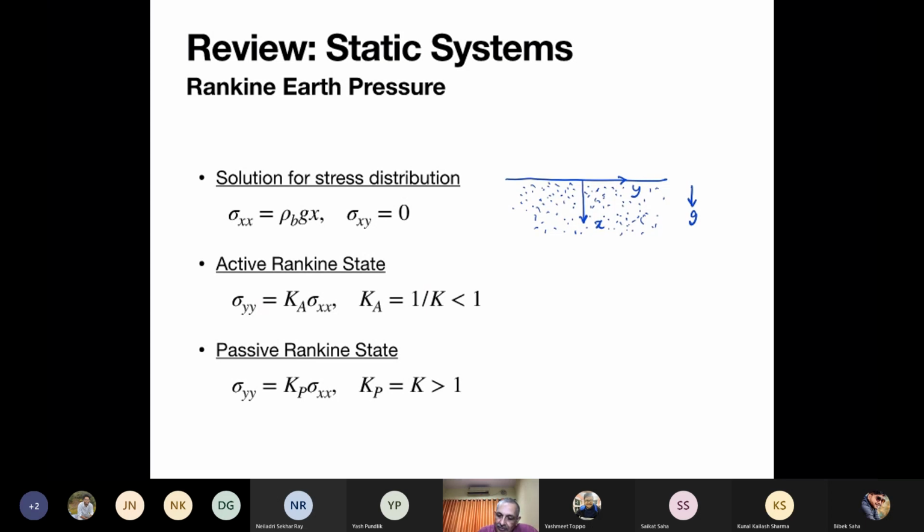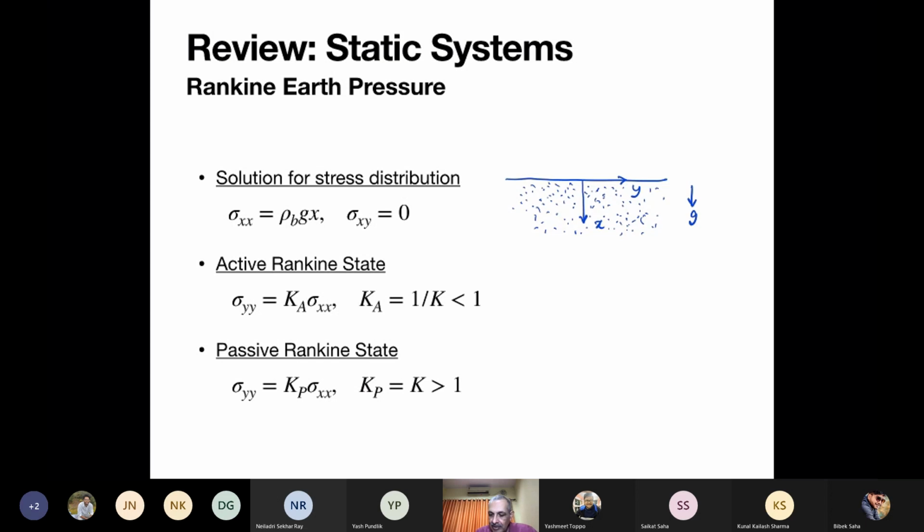And you can have a passive Rankine state in which the system is passive and the surroundings are applying force onto the system. In that case, sigma yy is greater than sigma xx, and your Kp is greater than 1. So in this case, this is sigma max, this is sigma min.